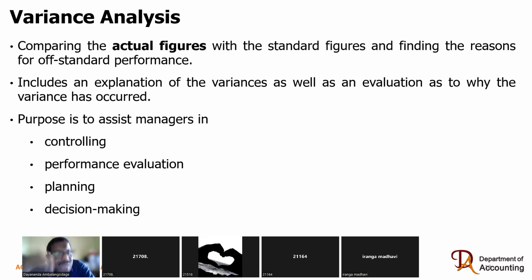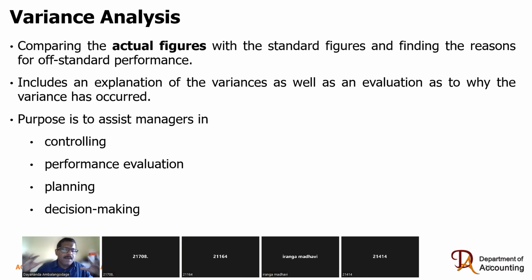Then again, we can plan. We can take decisions. So thereby, variance analysis helps us to manage our business operation, and it contributes to implementing different management functions like controlling, performance evaluation, planning, and decision making.